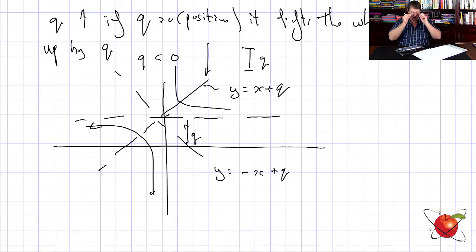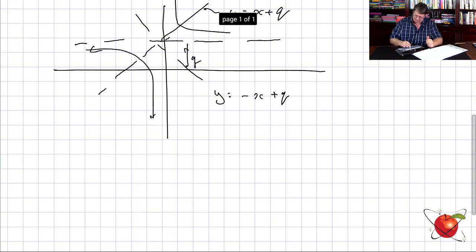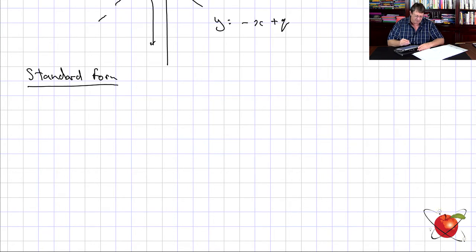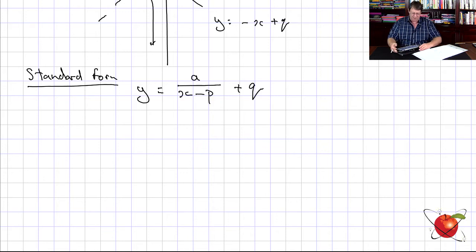Now we're going to introduce a new standard form. It's not new as much as it's just an expansion of the previous one. So let's make a note, the standard form here. I love my standard forms. The standard form is y is equal to a over x minus p plus q. Aha! Now let's just have a look here.